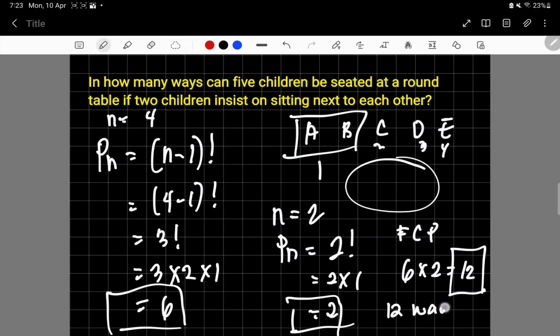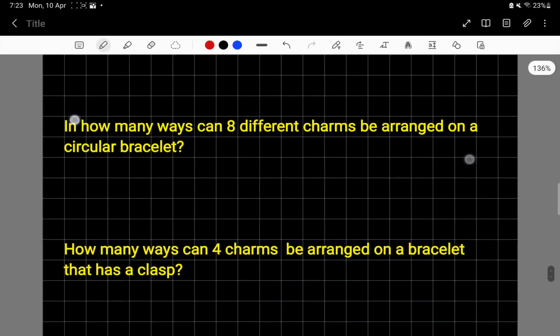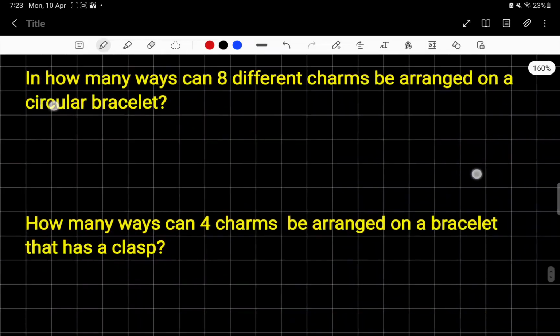There are 12 ways we can arrange the 5 children at a round table wherein the 2 children will be seated next to each other. I hope everything is clear about circular permutation, the first case. Let's proceed with the bracelet permutation.